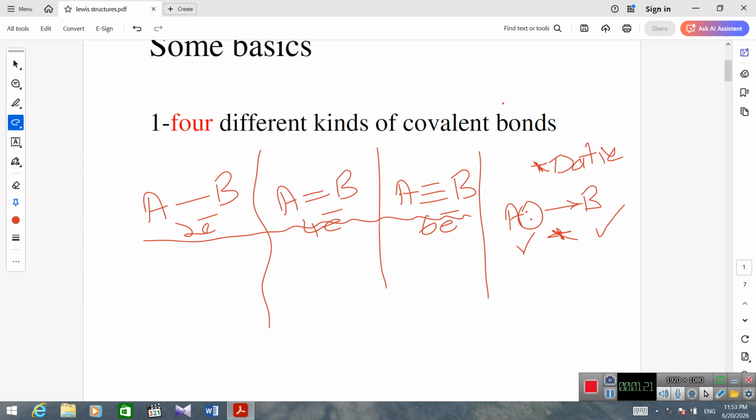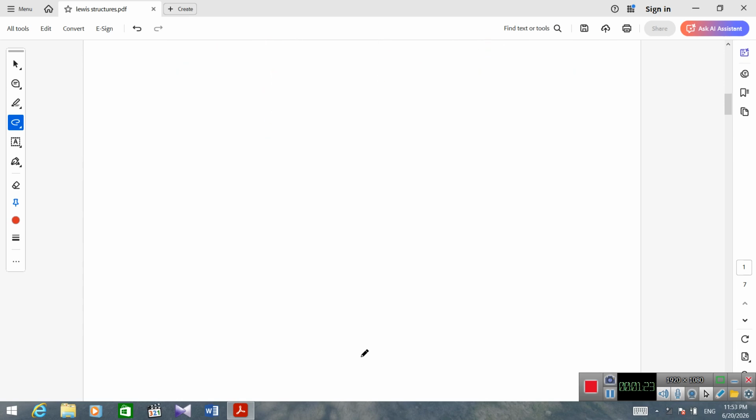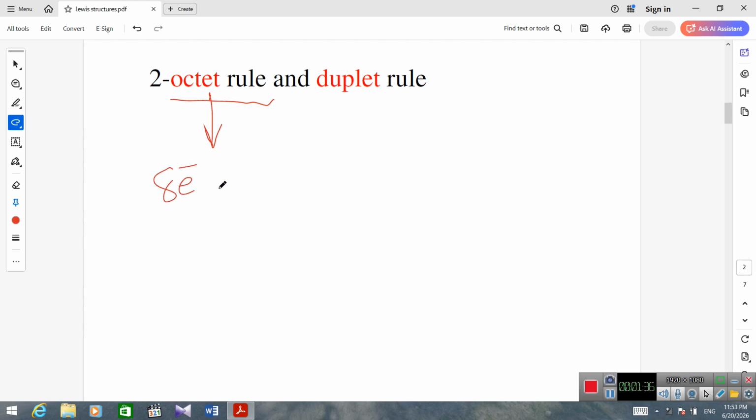This point is so important in my view. And another thing is the octet rule. As you know, it is the tendency of the majority of main group atoms to reach 8 electrons in their valence shell due to more stability.